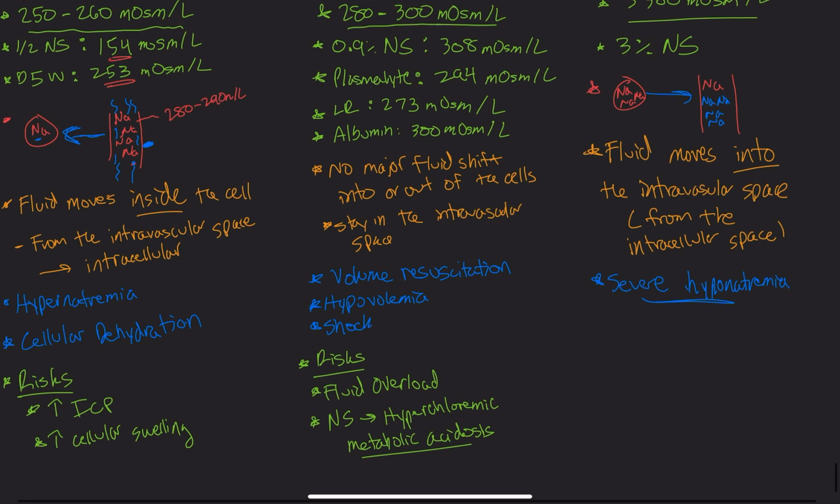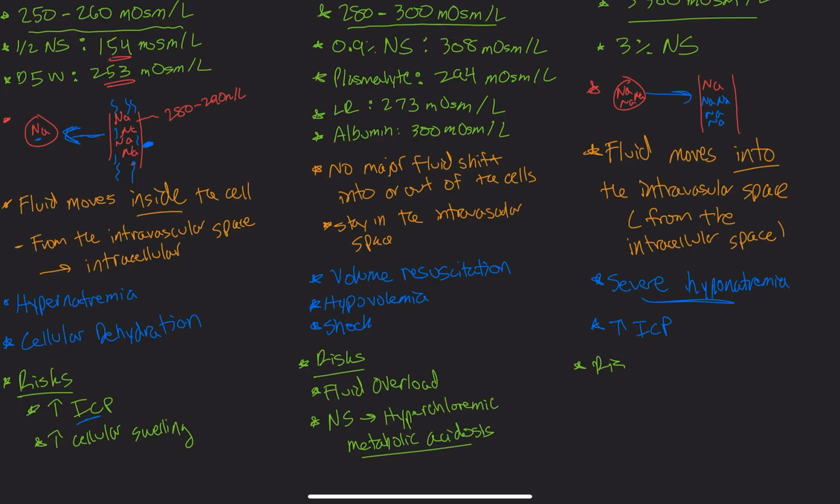Also, maybe if somebody has increased ICP, remember we said that hypotonic can cause it, but if they have it, this can reverse it, right? So you can help lower the intracranial pressure by pulling that fluid out of the cell into the vascular space, right?